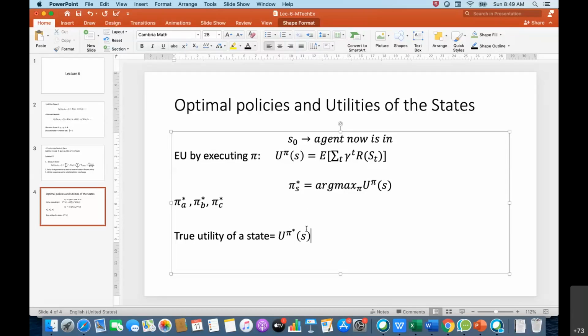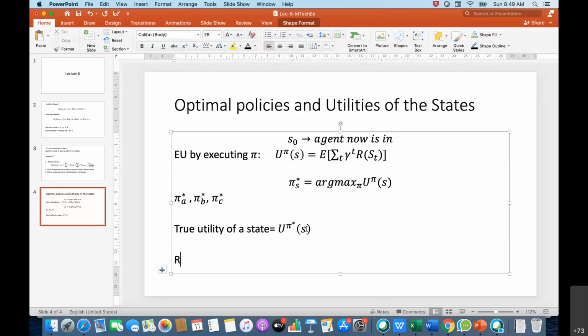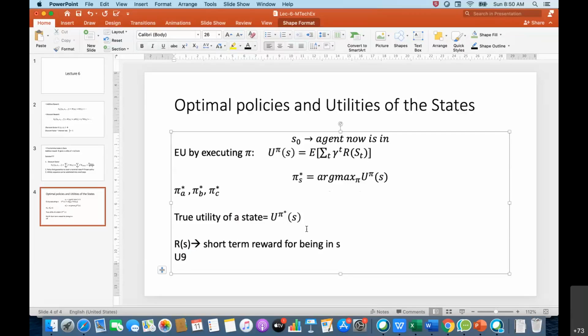The reward function R(s) represents the short-term reward for being in s, whereas U(s) denotes the long-term reward, or total reward, from s onwards.